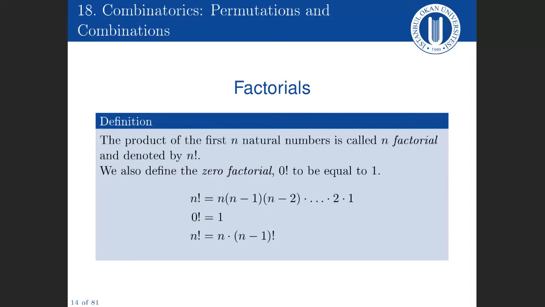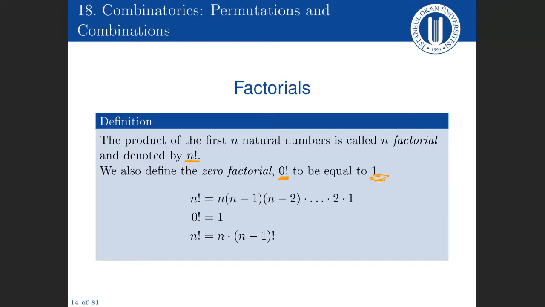First tool we need is a factorial. N factorial, which we write as n exclamation mark, is the product of the first n natural numbers. And just to make it work, we also have 0 factorial, which we say is equal to 1.